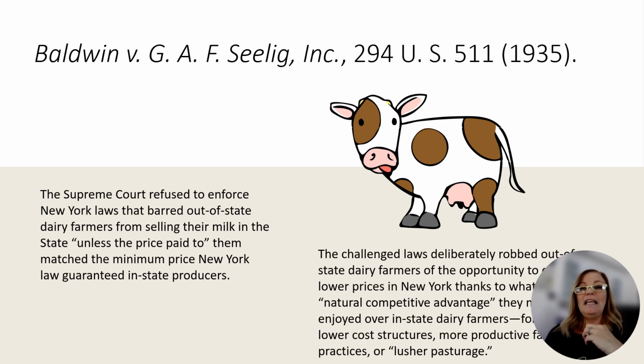What the state was saying is basically, we're just giving our farmers a benefit. But what the Supreme Court said is, yeah, and what you're doing is deliberately robbing out-of-state farmers of the opportunity to sell at lower prices in New York and take advantage of the natural competitive advantage they might have.